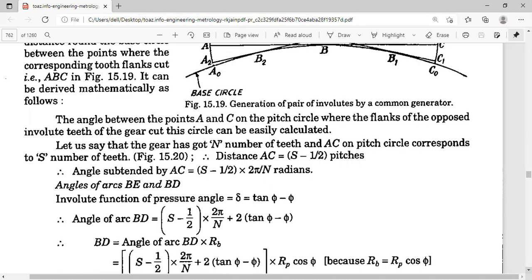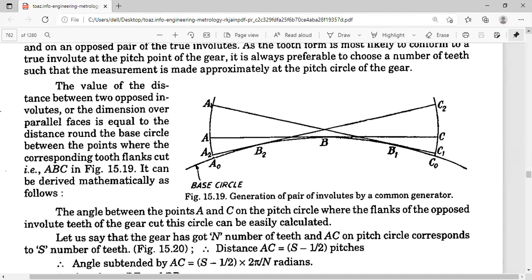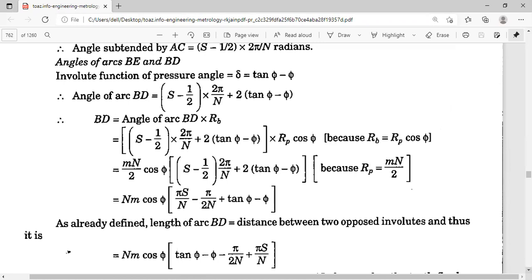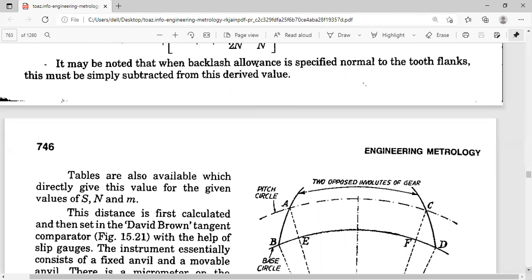So what is the angle of arcs BE and BD? Just try to see. You might have seen this given somewhere, or they may have missed this one.